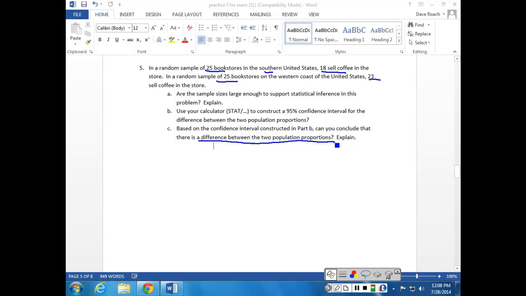Is the sample size large enough in this problem? And the answer to that is no, it is not. Because with proportions, all the yeses and nos had to be greater than 10.